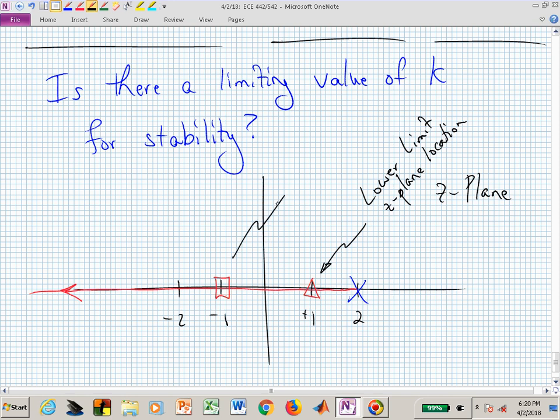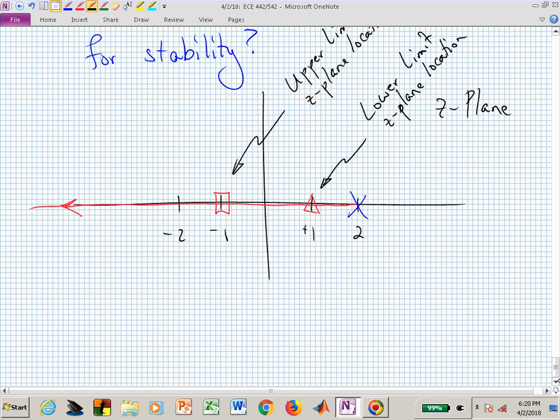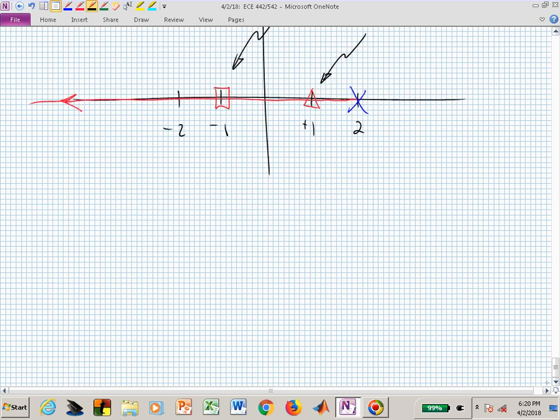And this point at minus 1 is our upper limit. And this is actually our root locus, that red locus of points.